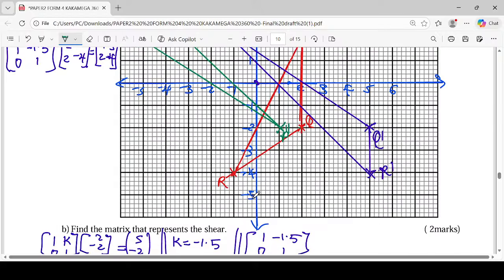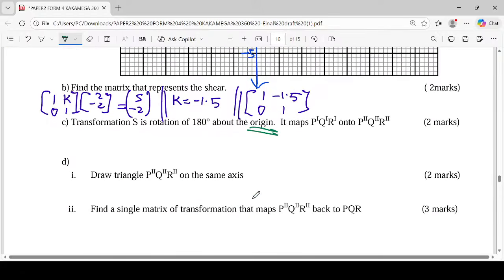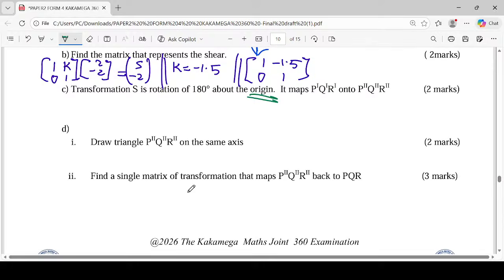Let's have a look. Find a single matrix of transformation that maps P double prime, Q double prime, R double prime back onto PQR. A single transformation. So I'll say, let the transformation matrix be A, B, C, D. I'm following the MOI acronym that I normally advise learners to have, in memory of President Moi of Kenya.